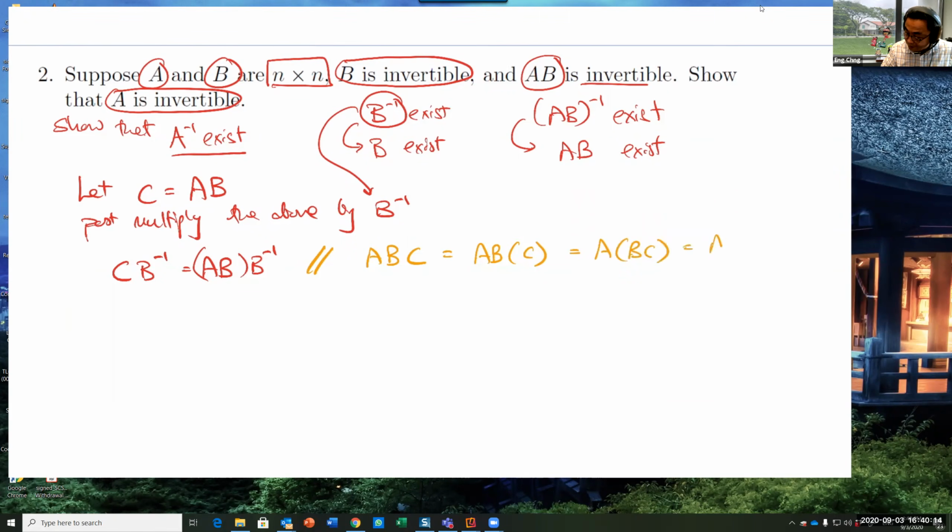So it doesn't matter which order you do, whether you want to do BC first or AB first. But AB is not equal to BA, so it is not commutative. It is associative.